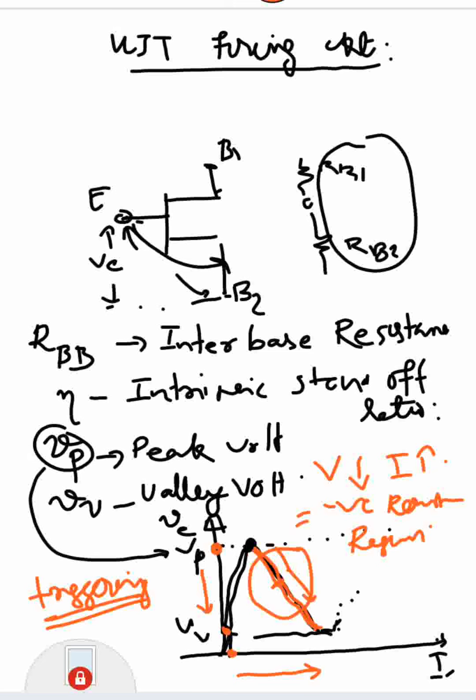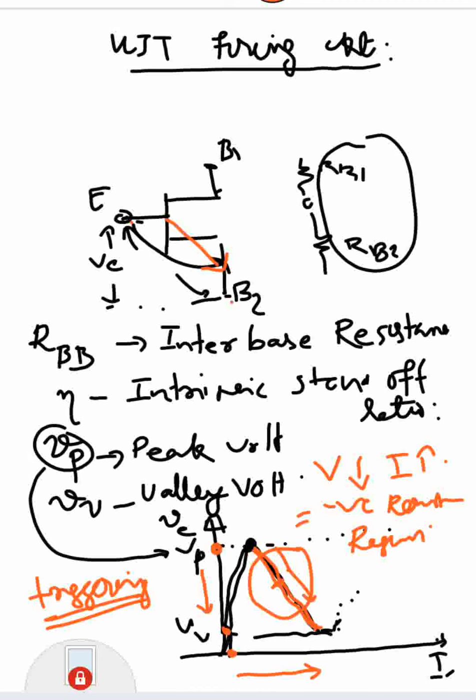You must have learned the detailed study of the UJT. These are the basic concepts you need to understand. Whenever the voltage across this UJT reaches VP, the junction breaks and the UJT turns on. That's the final idea.